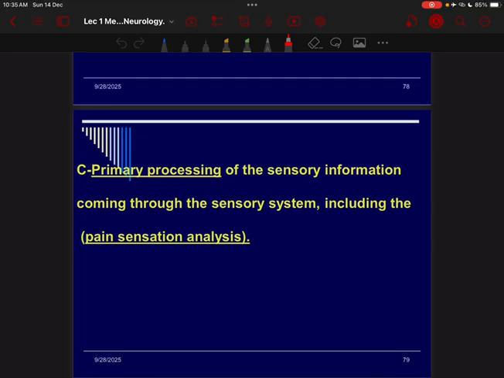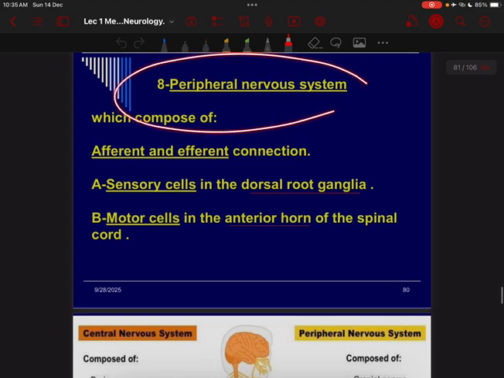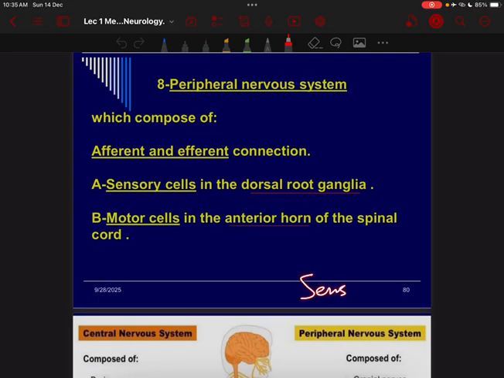Okay. يبقى عندنا peripheral nervous system composed of afferent and efferent fibers. So there is a sensory cell in the dorsal root ganglion. We have a motor cell in the anterior horn cell. Then عندنا anterior horn cell motor nucleus, motor fiber to the muscle.